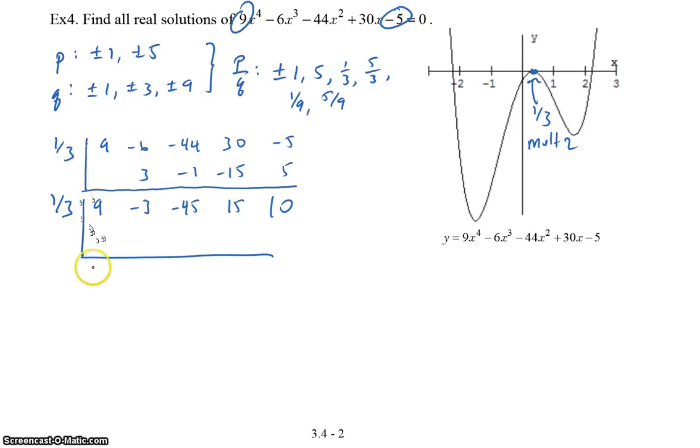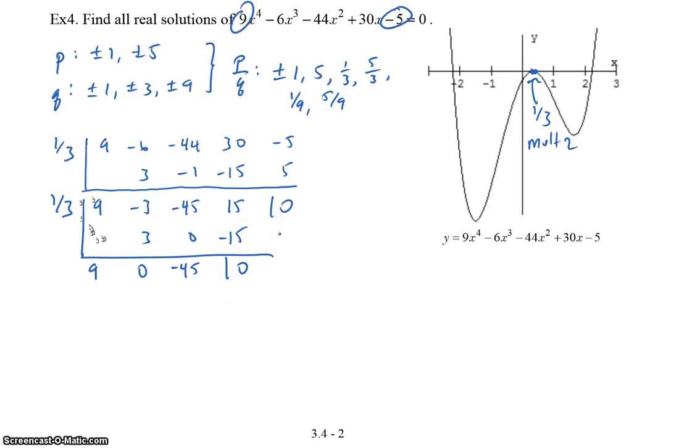Watch what happens. Bring down 9, multiply, add, multiply, add, multiply, add. And you see it worked again.